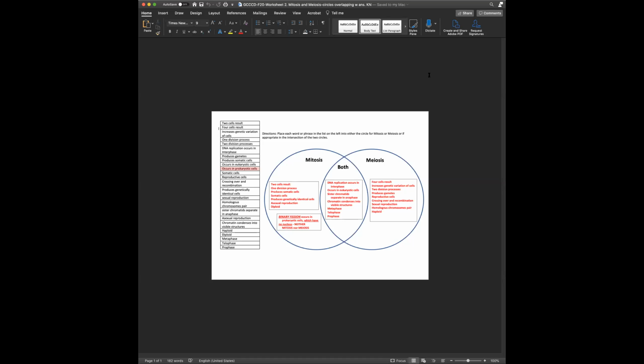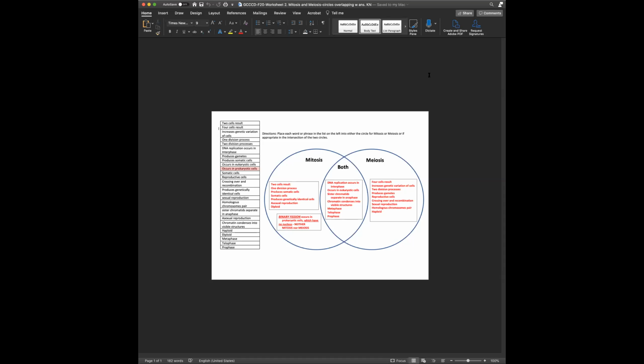Somatic cells, mitosis only. Reproductive cells, meiosis only. Crossing over and recombination, that's genetic variation. And so where does that occur? Only in meiosis. Produces genetically identical cells, only in mitosis.